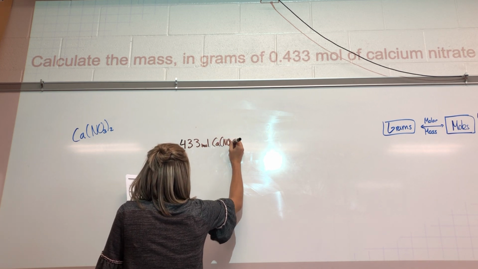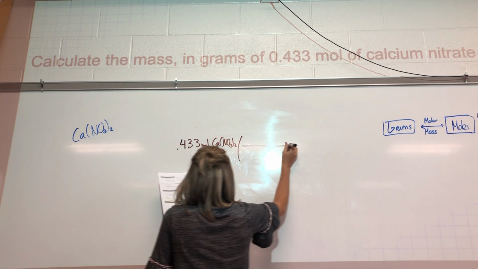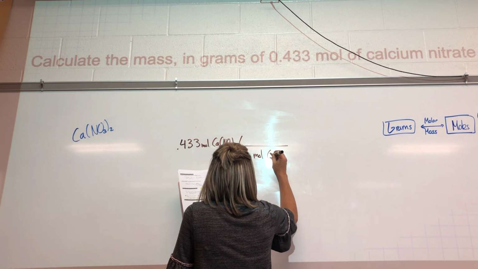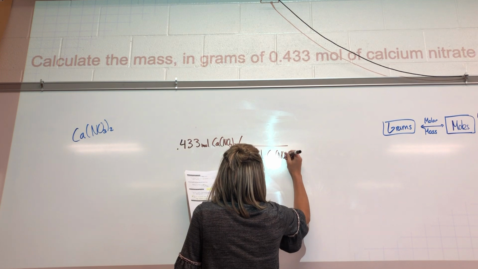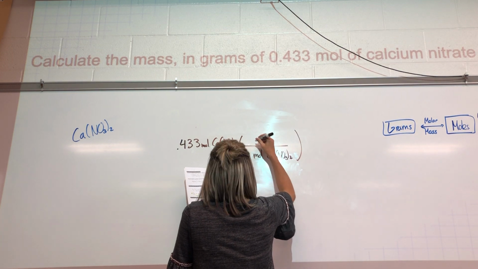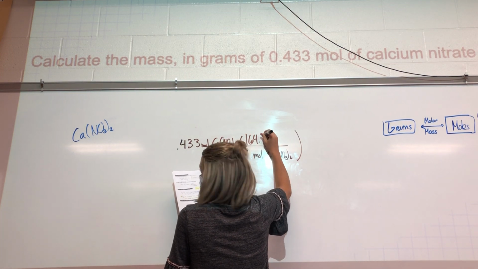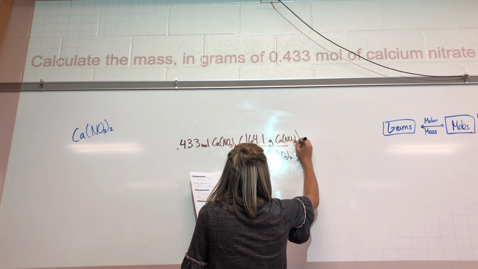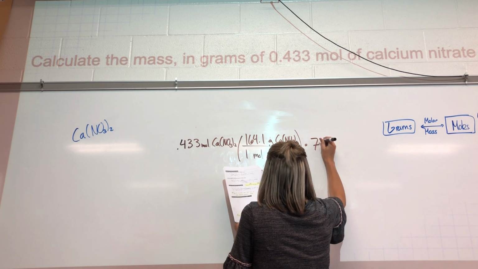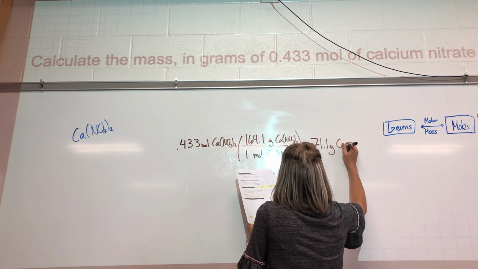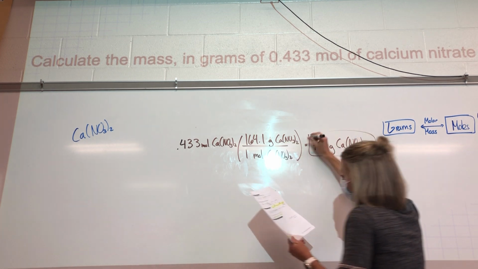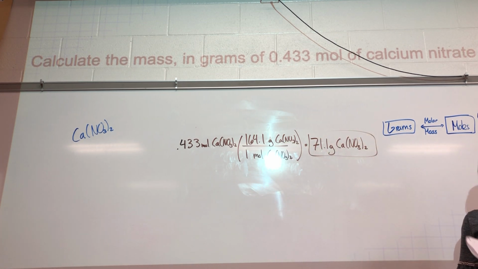But I feel like when it moves to more complicated measures, you don't know how to do it the right way, you know? It just takes me a second to think. Okay, you got 71.1 grams as your final answer, or around there.